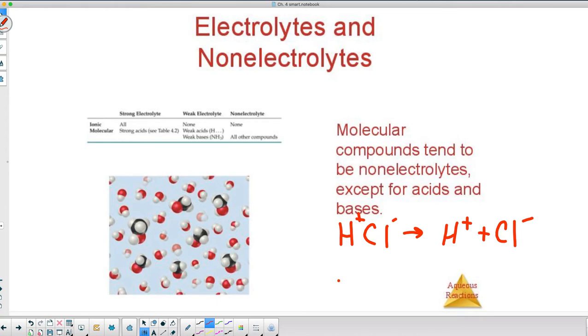But that one's kind of obvious because strong bases break up into a metal and hydroxide ion. And we know that ionic compounds, which bases are, and obviously so are acids, but acids are a little bit different because there's no metal in them, but bases have a metal.